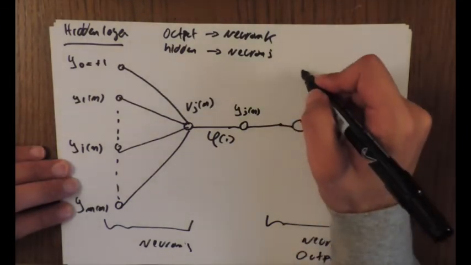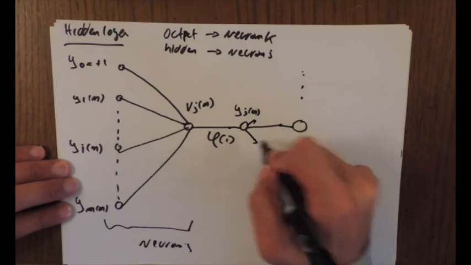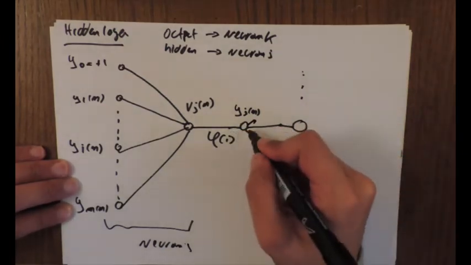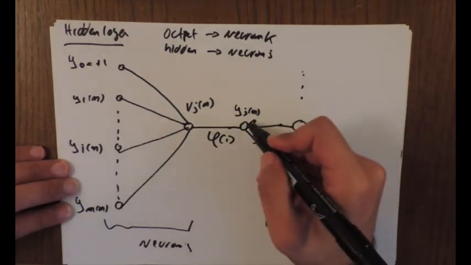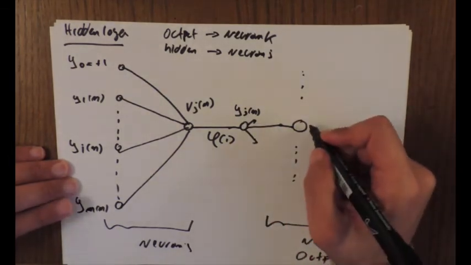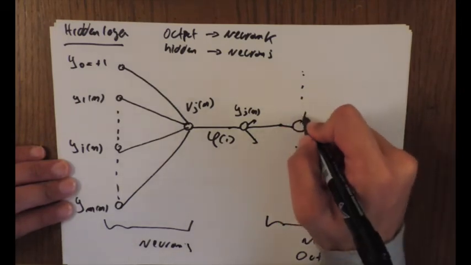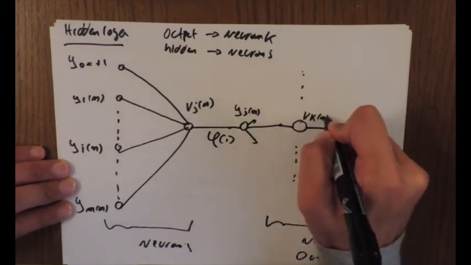So of course there can be many output neurons. The hidden neuron yj will be connected to all of them, but we're going to take a single case where it's connected to Vk of n.